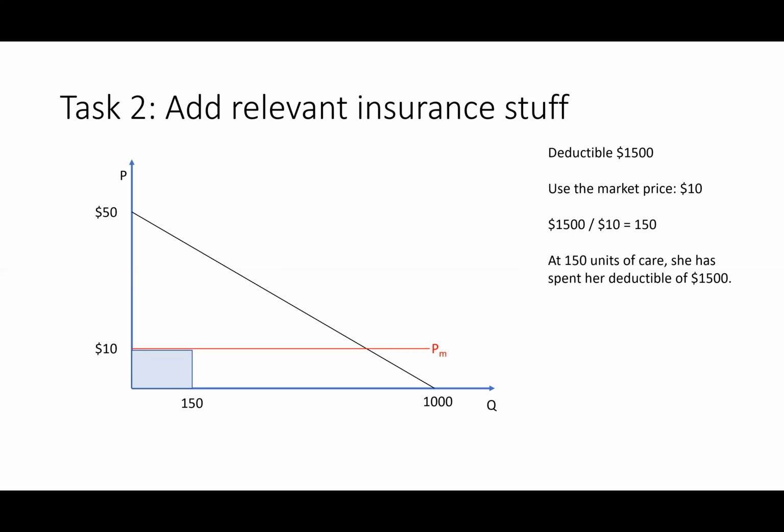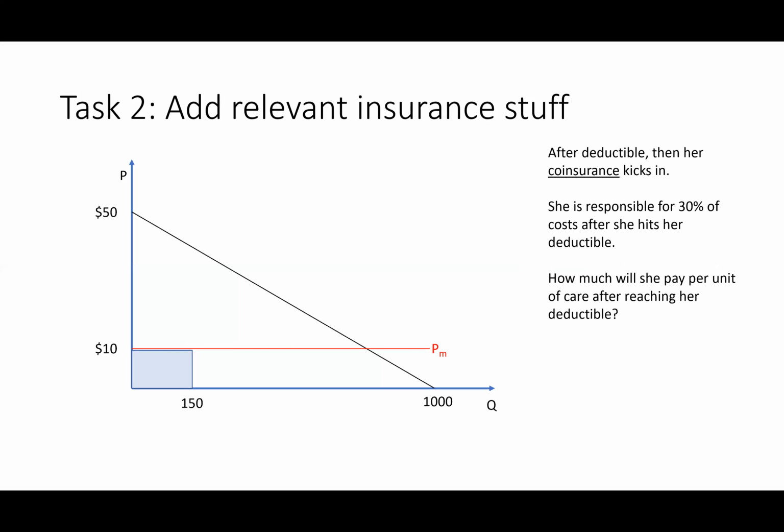You've got a $10 price per unit and a deductible of 1,500. So that translates to 150 units of care. Once she's gotten 150 units of care, she has spent her deductible of $1,500. And I added a little rectangle here to indicate that total deductible spending along the Q-axis.